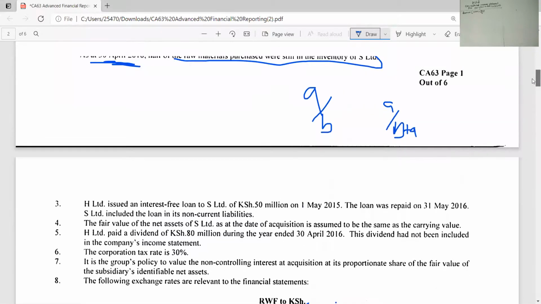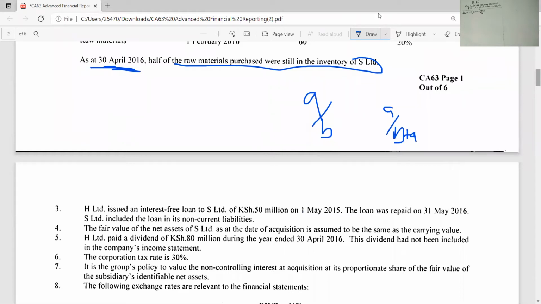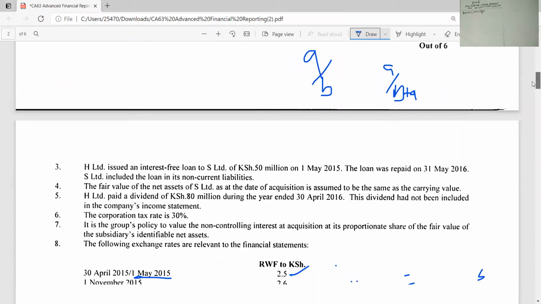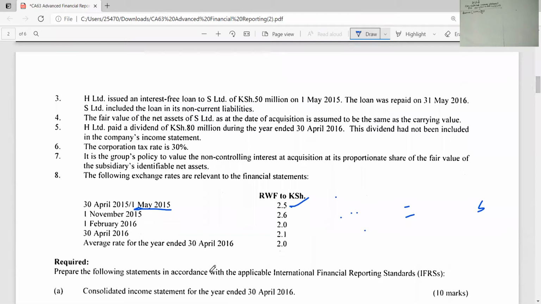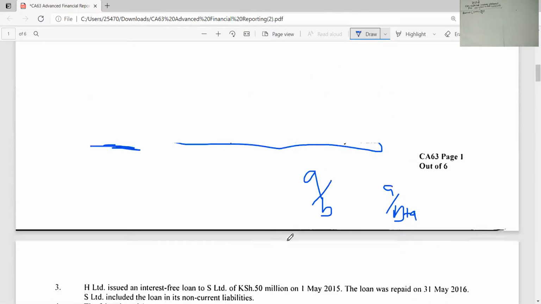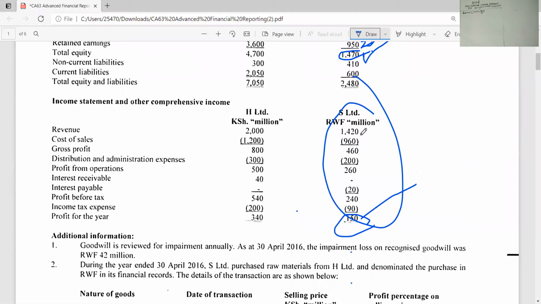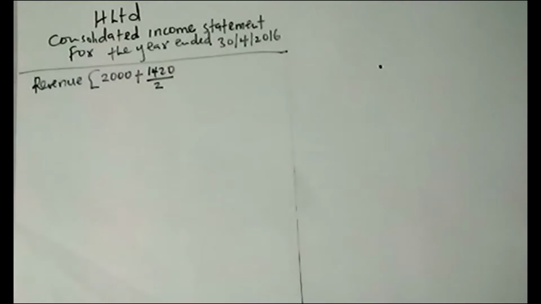The 2 I've taken is the 2 from note 8, which is the average. So I have converted the 1420, which is the revenue of the foreign subsidiary, to Kenyan shilling. It's the same thing we did in our first step.